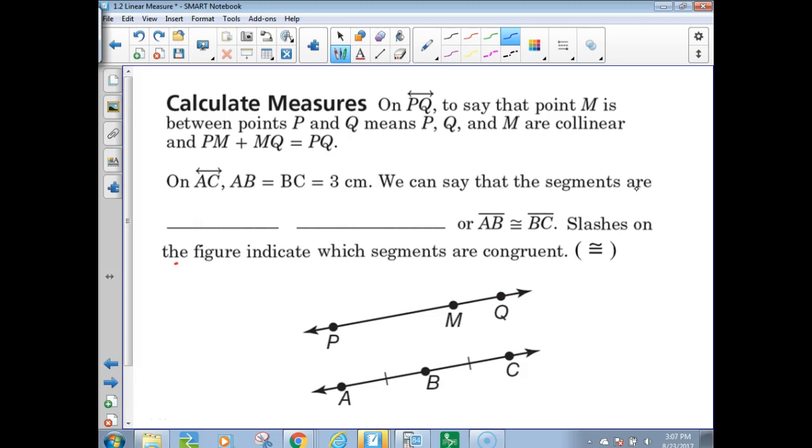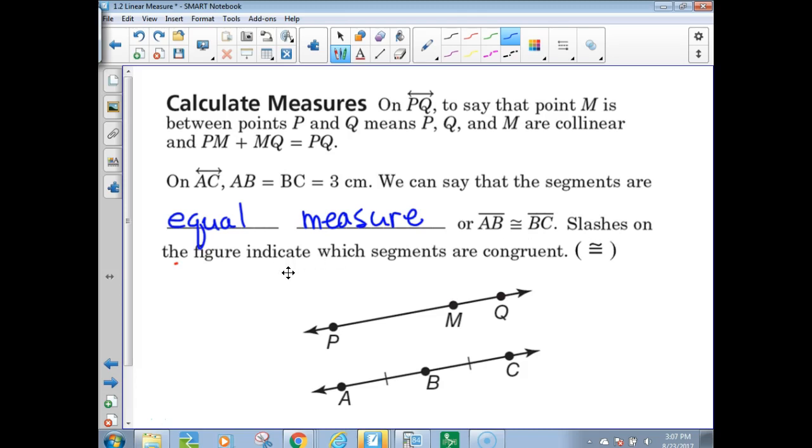We can say that the segments have equal measure, or you can say that segment AB is congruent to segment BC.